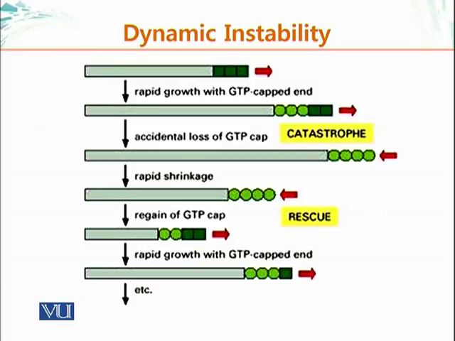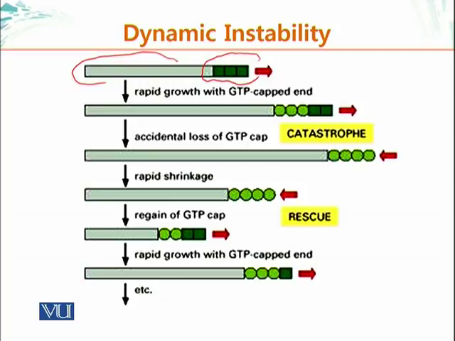Here, for example, you have a diagram in which you have a GTP-capped end of the microtubule. Those solid green squares at the end are basically the microtubule subunits. This part of the microtubule is in T form, whereas this part is in D form.